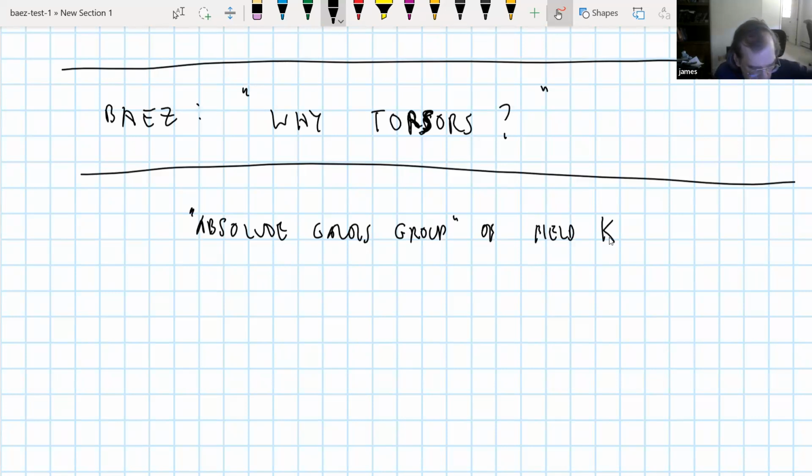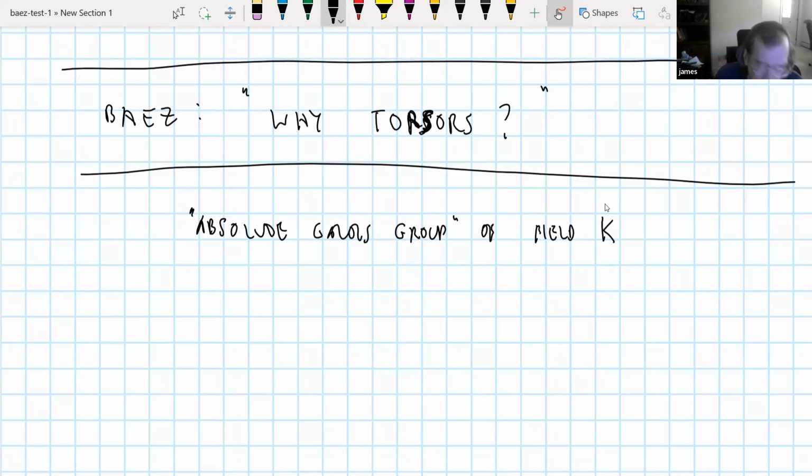One of the reasons I'm putting this phrase, absolute Galois group, in quotation marks is because I'm not sure I've really narrowed it down to exactly the right definition yet, but maybe we can sharpen it as we go along. So I want to say that it's something like the automorphism group of the, well, first I'm tempted to say, of the algebraic closure of K over K. But there are all sorts of funny things about that.